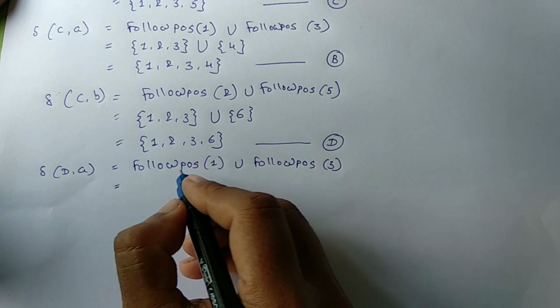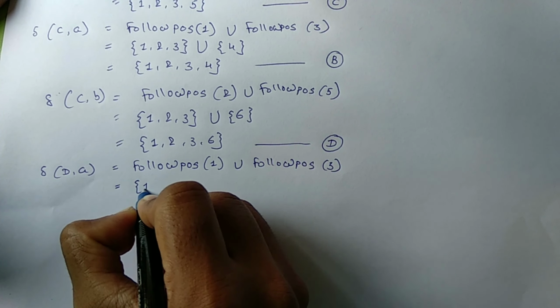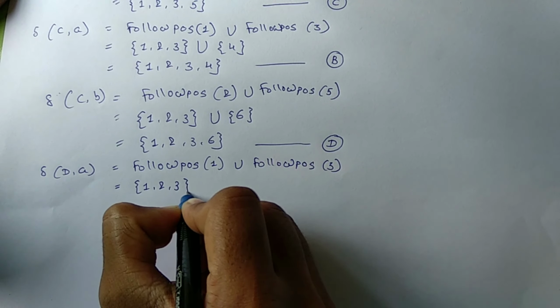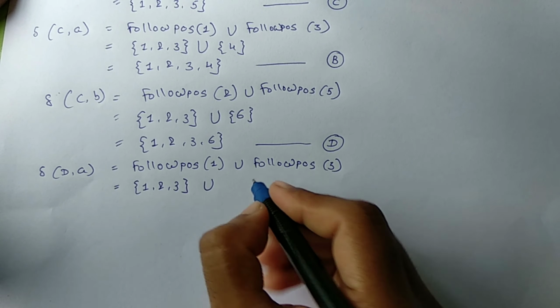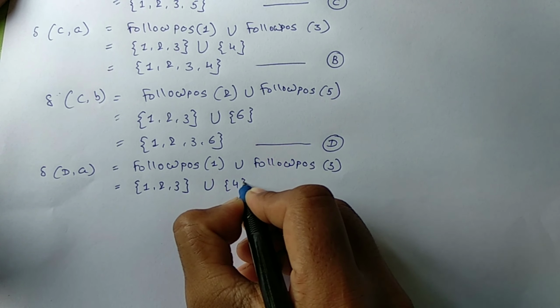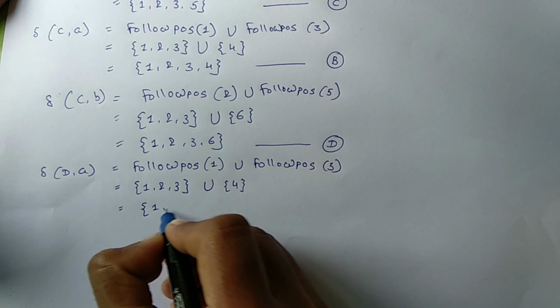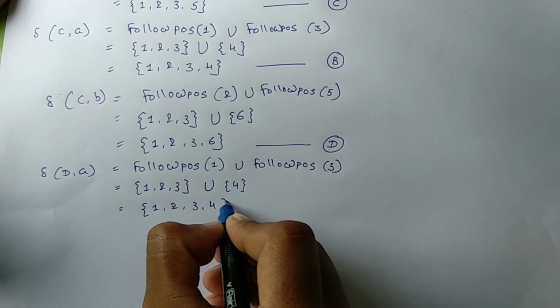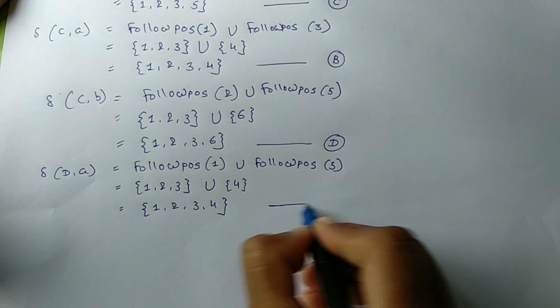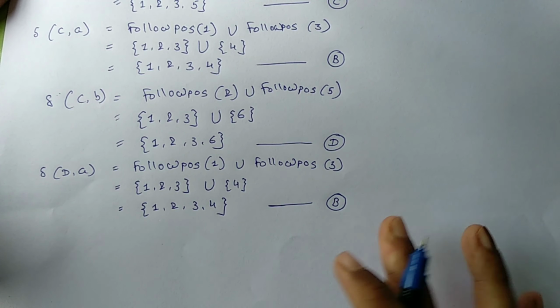Follow position of 1 is 1 2 3 and follow position of 3 is 4. So delta D to A is 1 2 3 4. This is already state B.